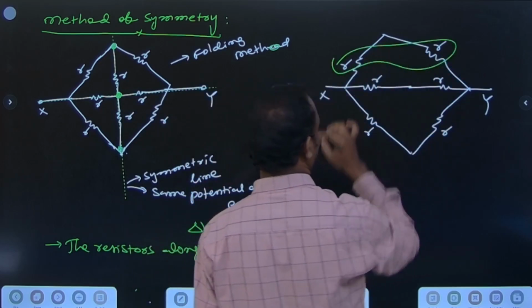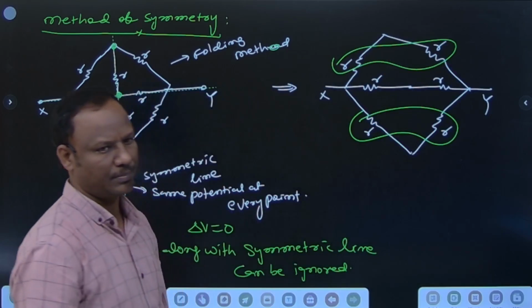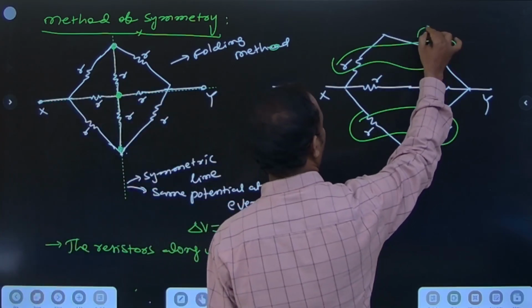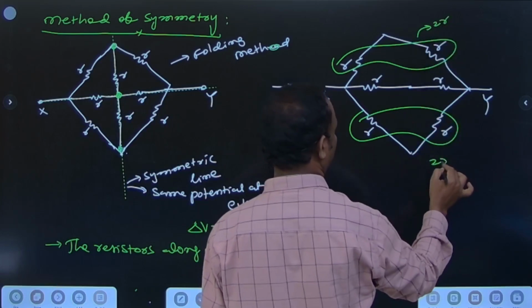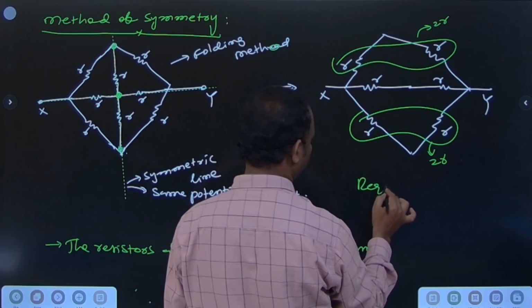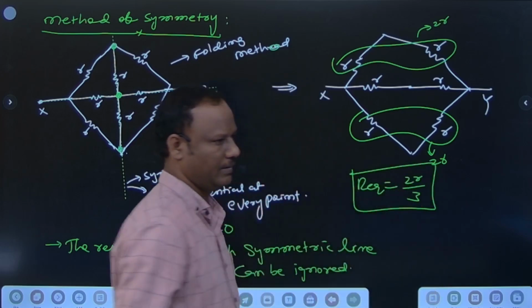These two are in series, and three of them will be in parallel. So this is 2R. R equivalent is equal to 2R by 3.